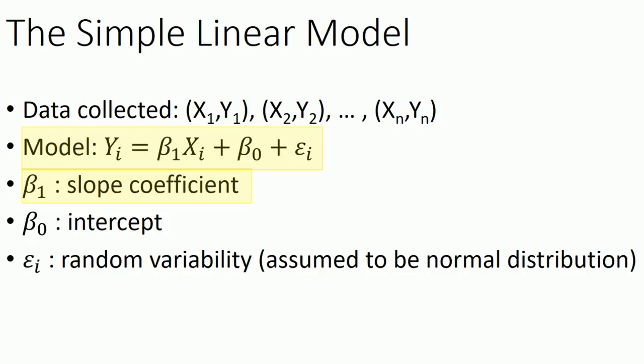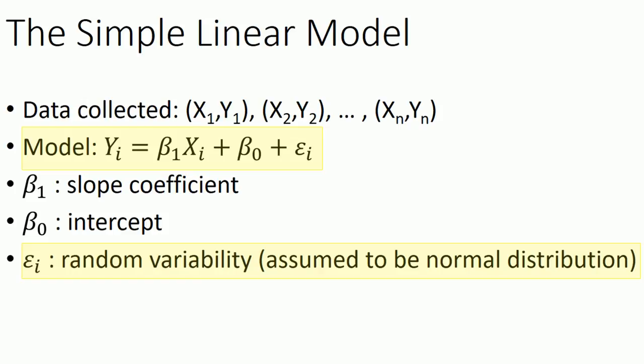No, not in the model, that's like in the real world, right? We're trying to estimate that. So beta 1 is the slope times your xi plus beta 0, which is the intercept, and then plus this epsilon i. So epsilon is some random variability that's added into the mix.